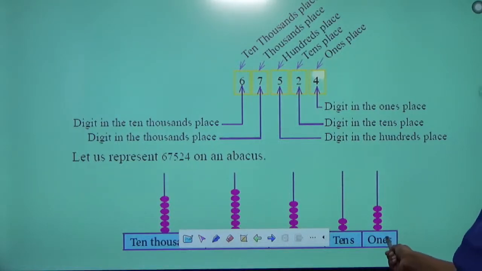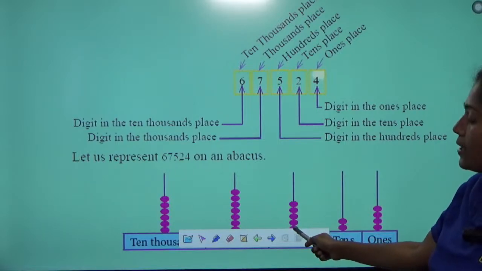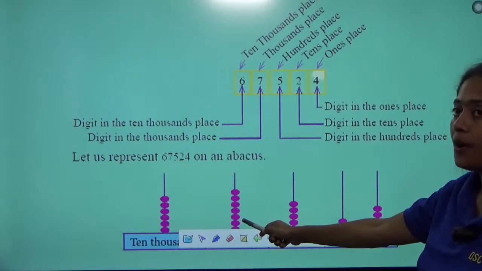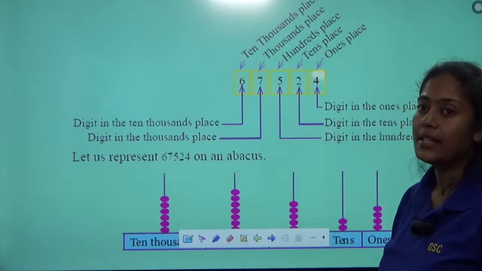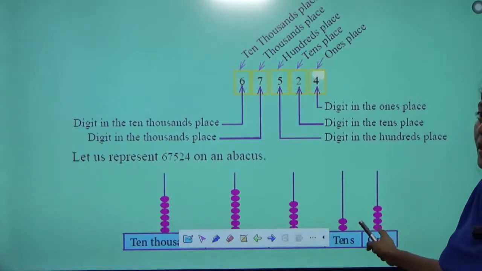Ones place here, tens place here, then hundreds place, next thousands place, finally you have the 10,000 place. According to the values, you have to add the rods.